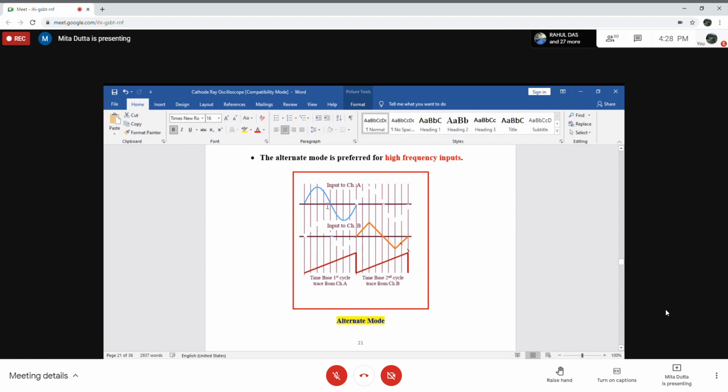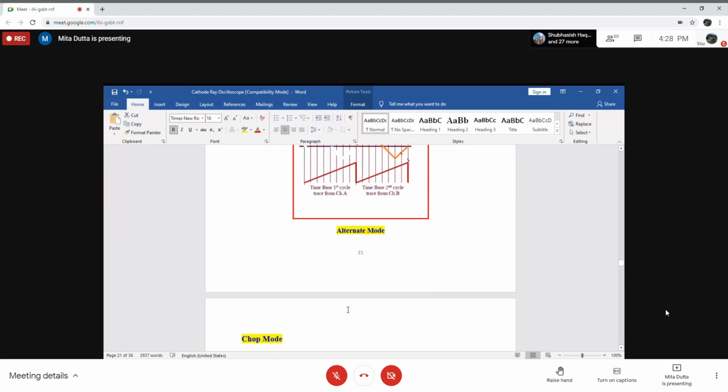For the first we have input A, and for the second we have input B. It doesn't display two signals simultaneously for the same instant of time. If for a single sweep waveform we could display these two signals, then it would be simultaneous display of two signals at the same instant of time. So we go for chop mode.